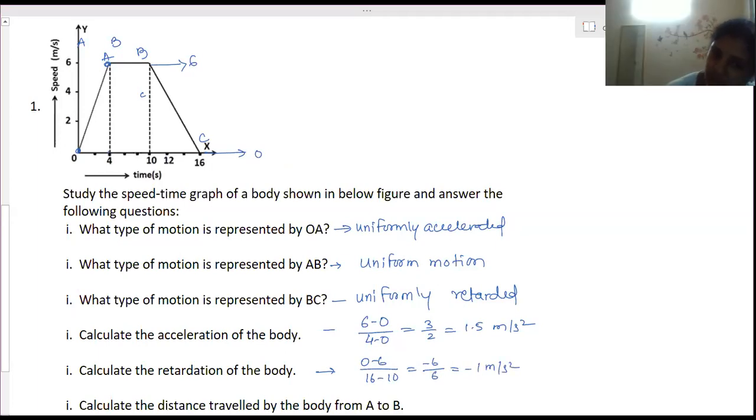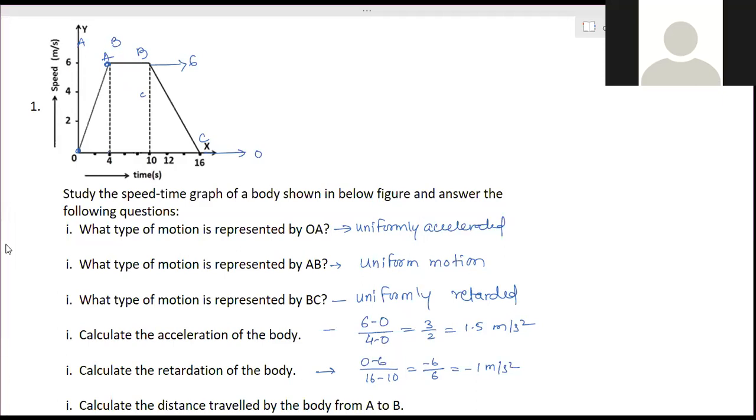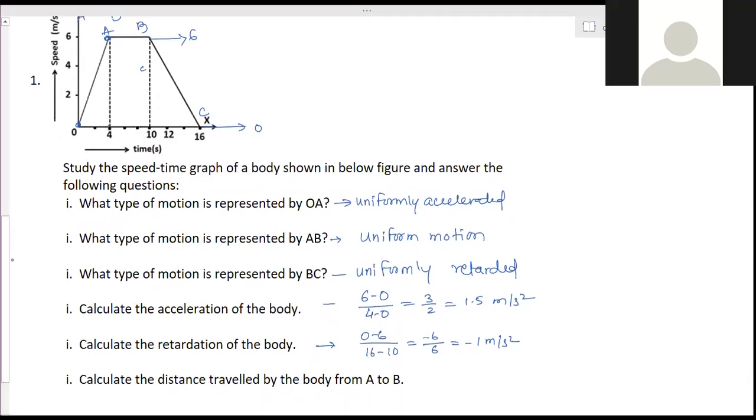Calculate the distance traveled by the body from A to B. Only from A to B. For that, we have to calculate the time, which is 10 minus 4, that is 6. For distance, we have to calculate the area of the rectangle ABED.